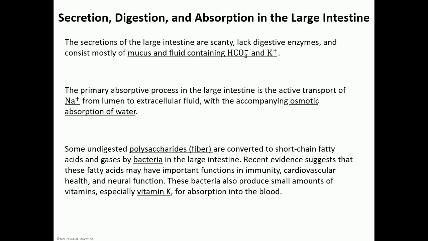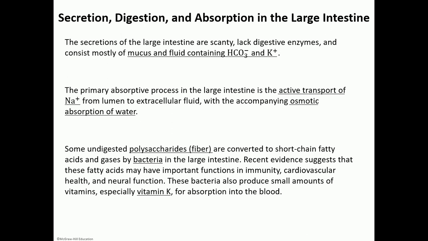So what happens in the large intestine now that everything has been pushed by these MMCs into it? There are no digestive enzymes in the large intestine. So if anything reaches it and has not been digested, well, it's out of luck. The only secretions that come out of the large intestine are mucus, which is there to lubricate because most of the water has already been absorbed, and water absorption happens even more in the large intestine.